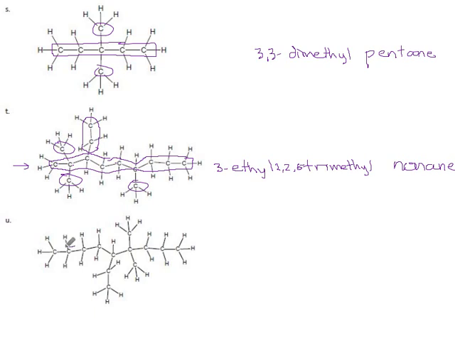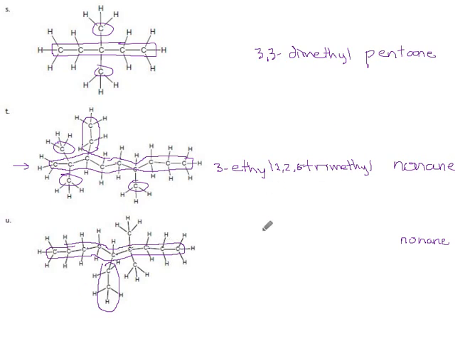And last one. Nice obvious primary. 1, 2, 3, 4, 5, 6, 7, 8. Again with the nonane. What's on it? An ethyl group. 1, 2, 3, 4, 5. 1, 2, 3, 4, 5.